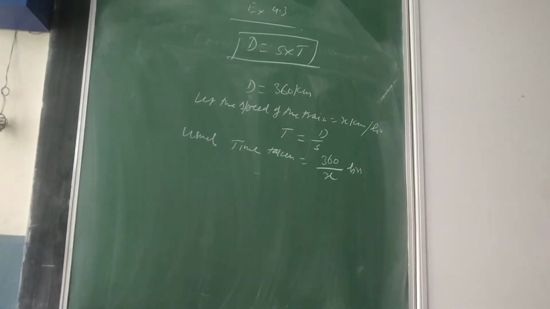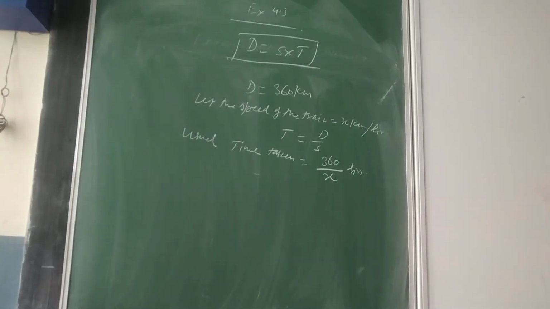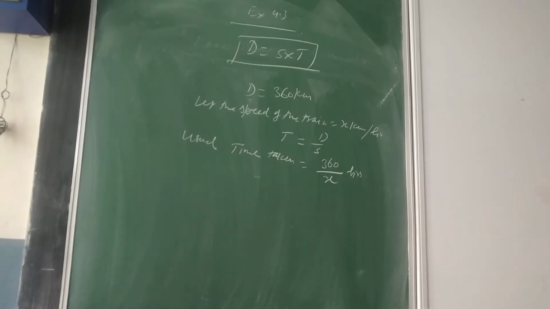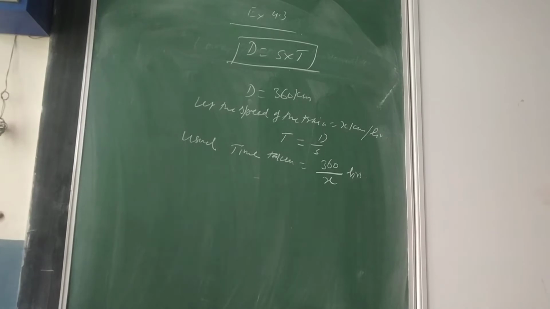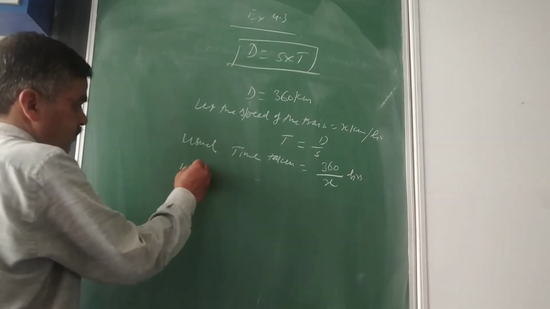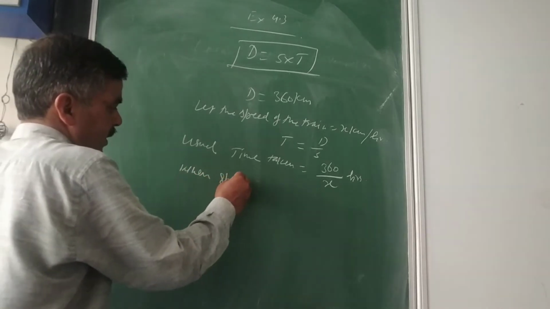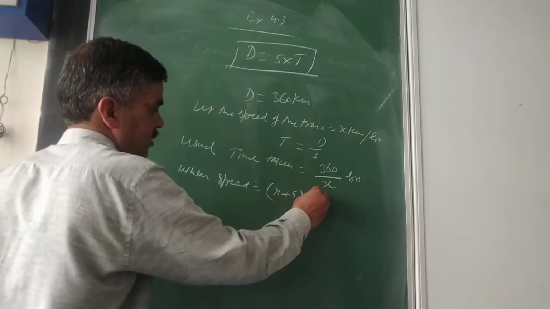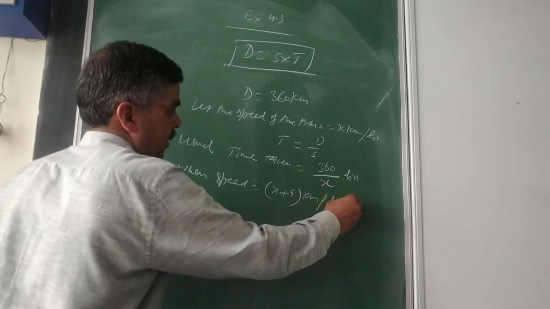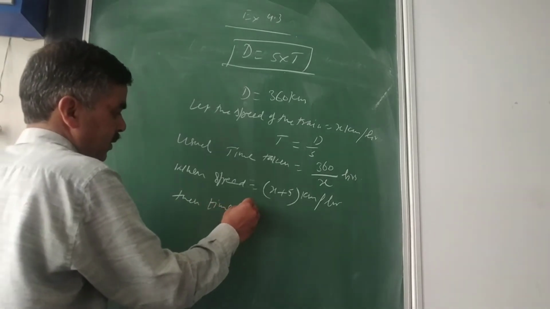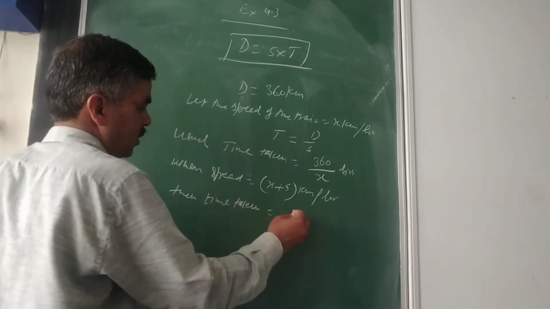In between what happened? Now you have to see whether the speed is increased or decreased. So if it is increased by 5 km per hour, the speed is equal to what? x plus 5 km per hour. Then the time taken will be equal to what?